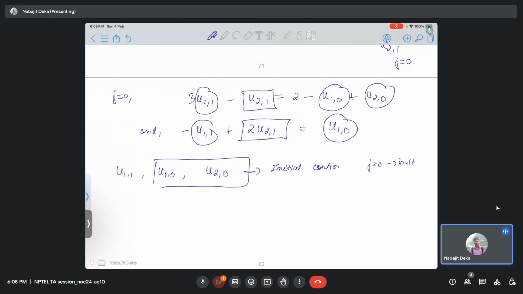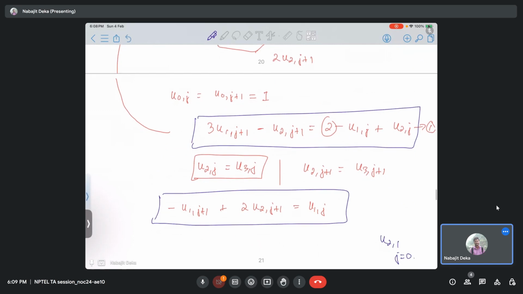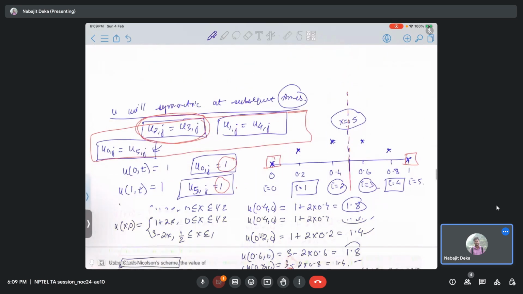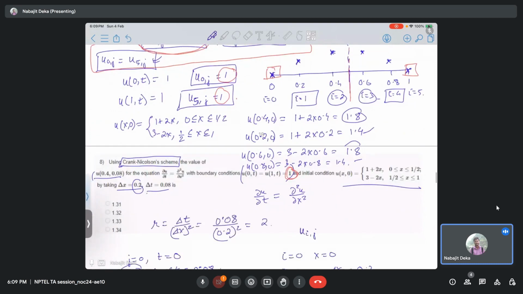Here we have u of x comma 0 equal to 1 plus 2x.